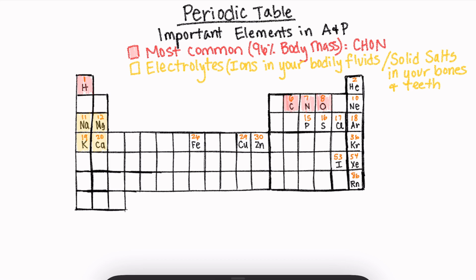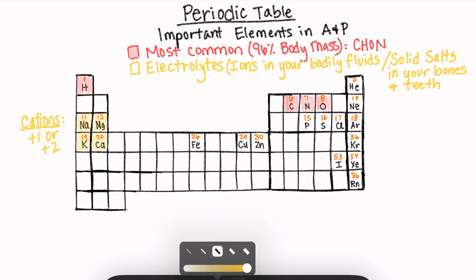And in your bodily fluids, all four of these will become cations, which are positive ions, and they're either going to be +1 or +2 charge, which makes them not be neutral. They are able to contribute to the membrane potential or the electrical currents that are going to be making your muscles contract.